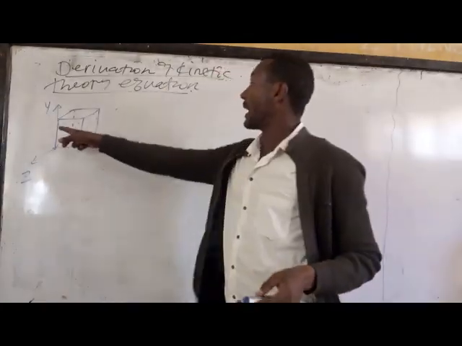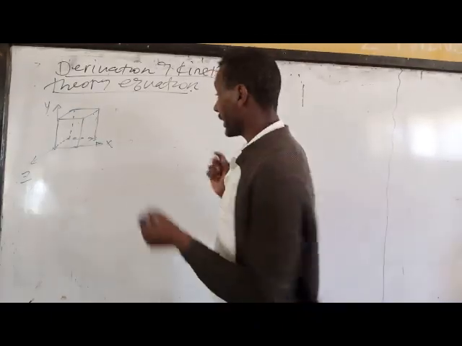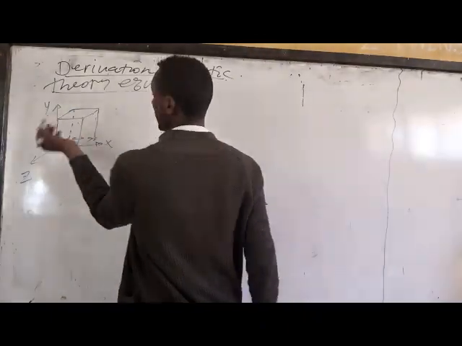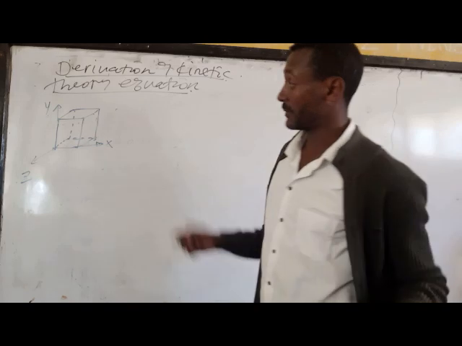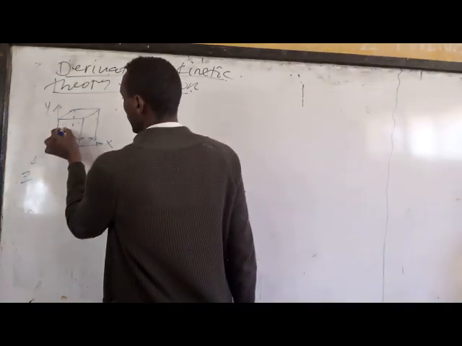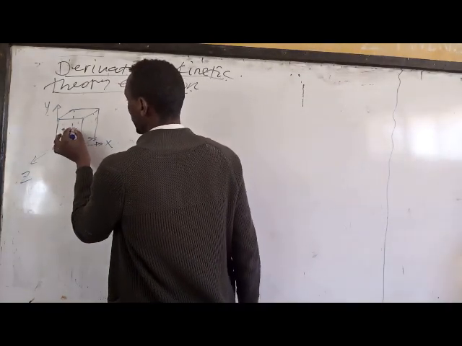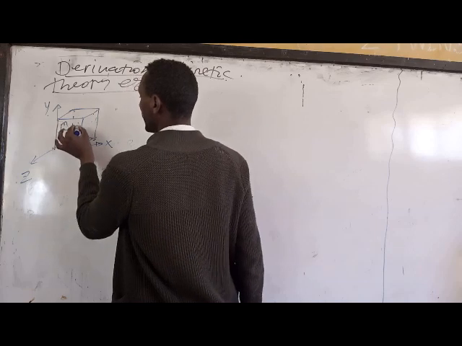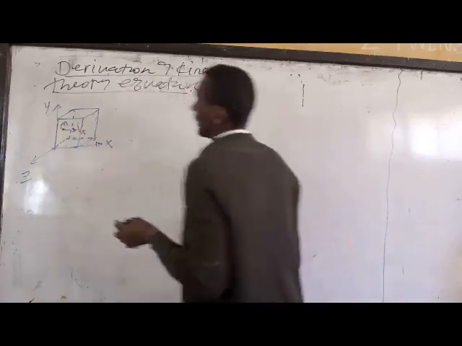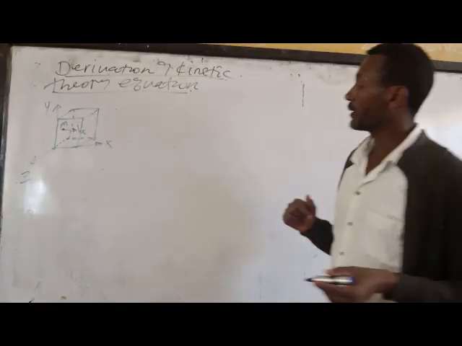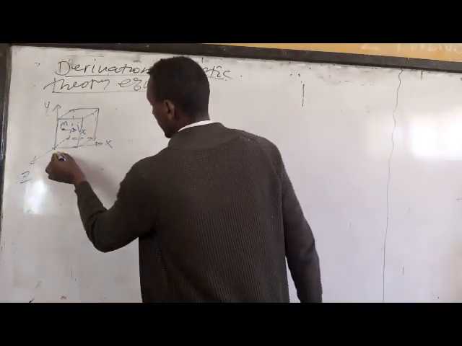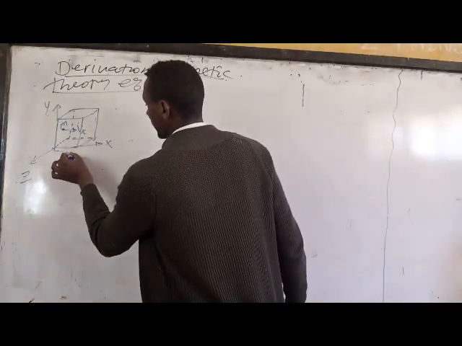There are N particles in this container. N is the total number of the particles in the gas. Assume a single particle of mass m that moves in the x-axis with velocity vx. The length of this cube is L.